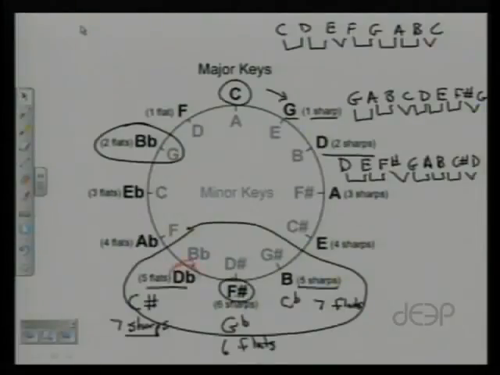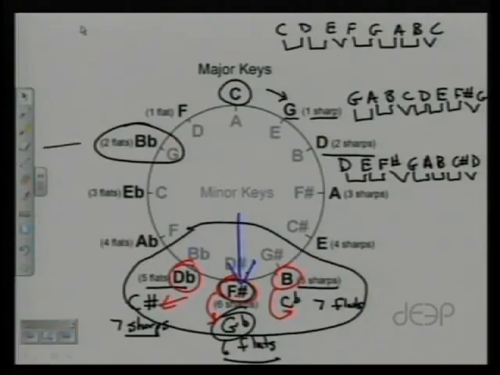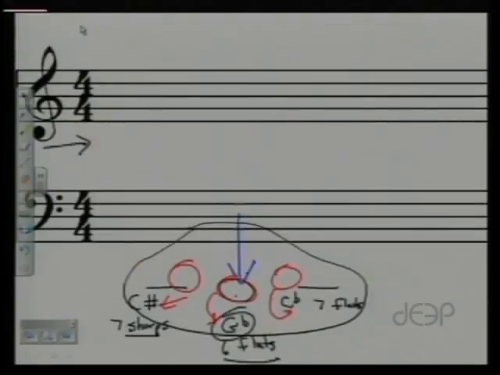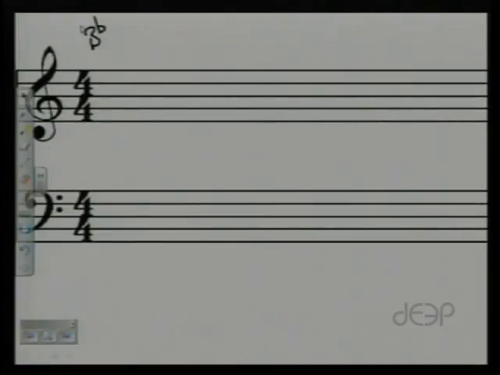To get that, I go over here. I look at my circle of fifths. B flat major has 2 flats. Those 2 flats are B flat and E flat. And so B flat, E flat, B flat, E flat. And that would be the correct answer for number 1 of part 3. You can do all of those. I hope that all makes sense. If you have any questions, don't hesitate to come and ask.